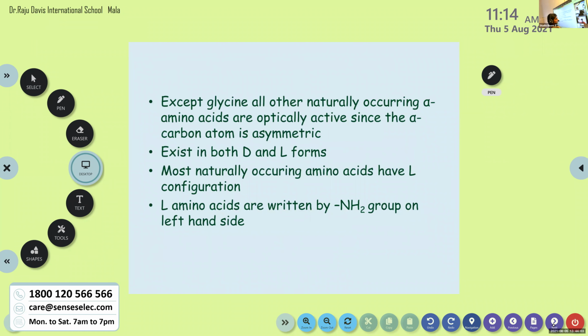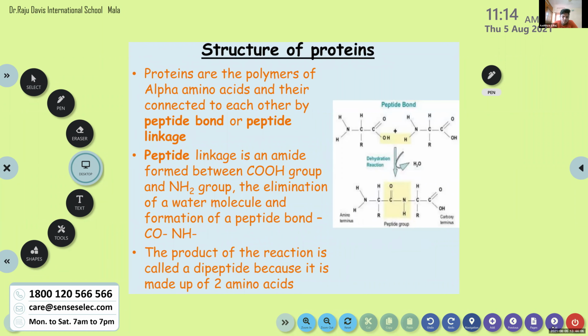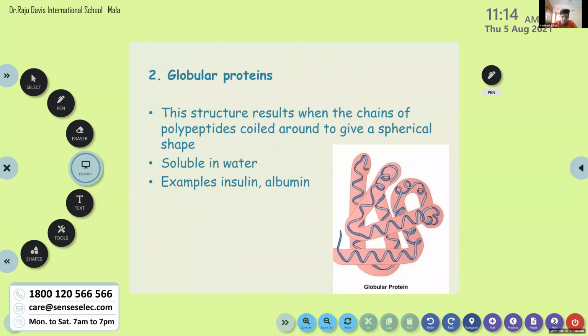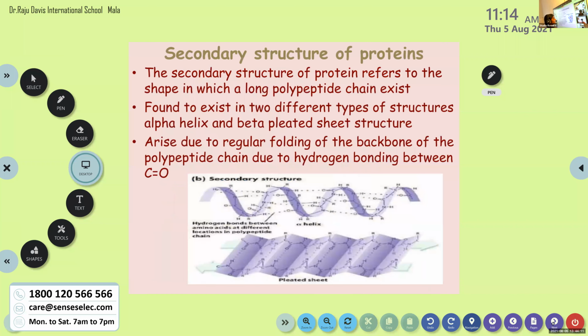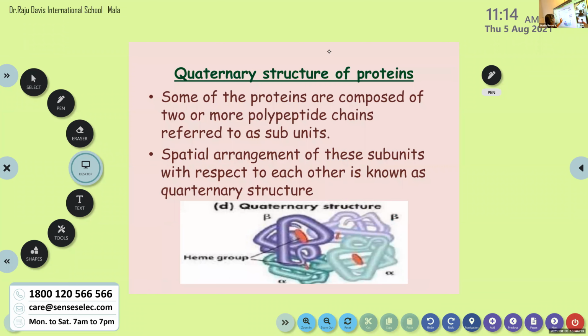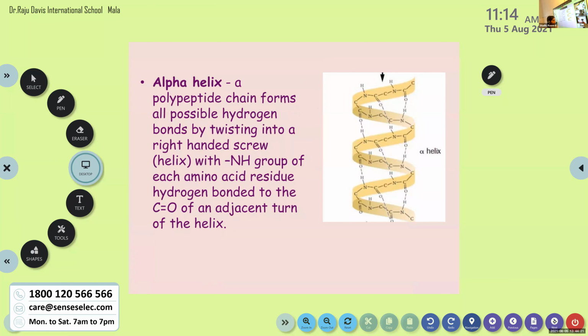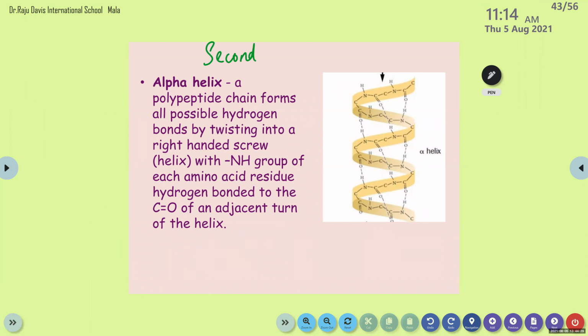Alpha helix and beta pleated sheet structure. Isn't it? Alpha helix and beta pleated sheet structure. So we are going to discuss these two, that come under secondary structure of protein.